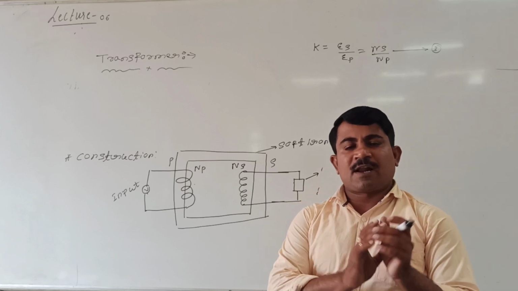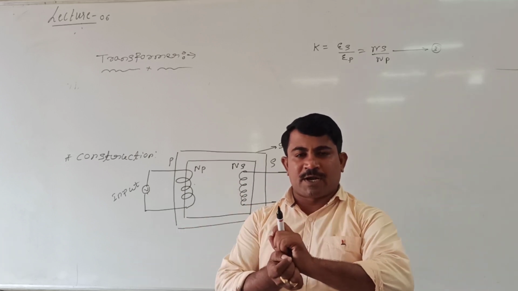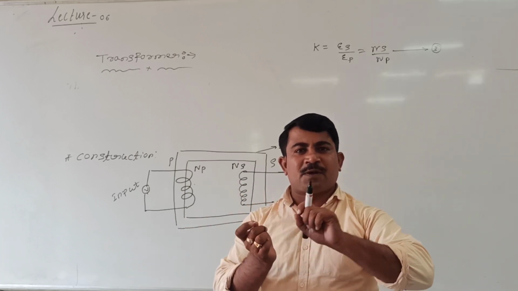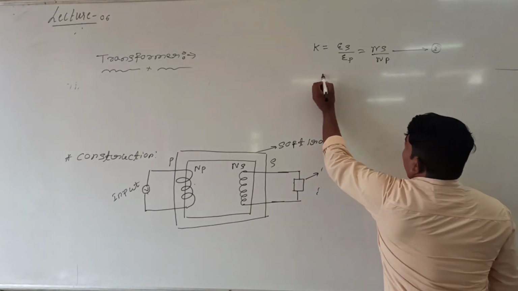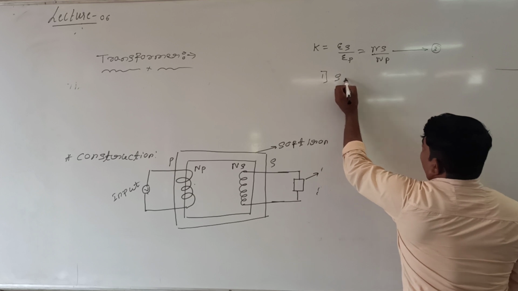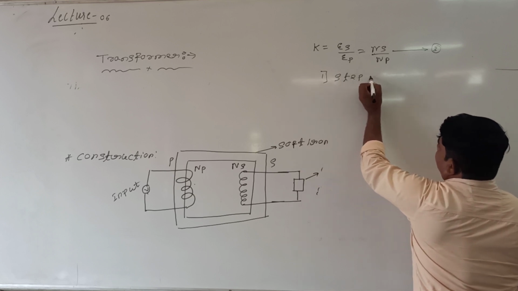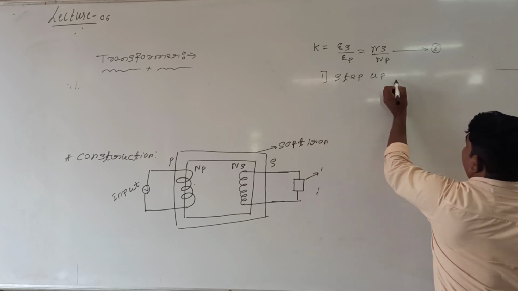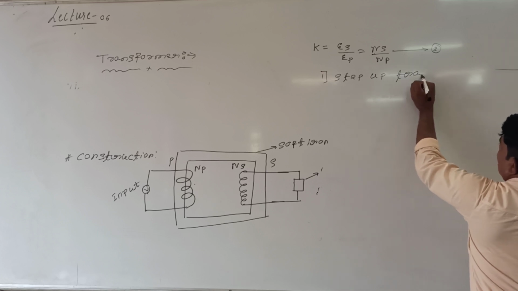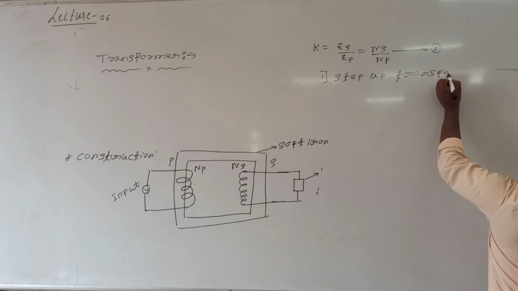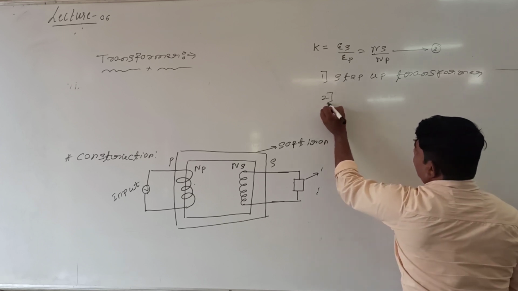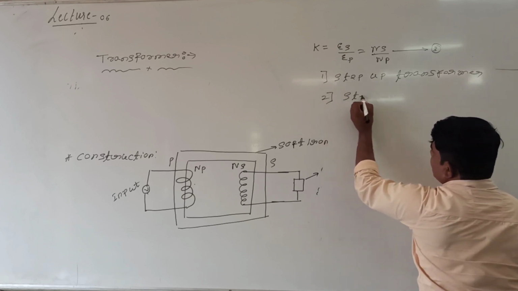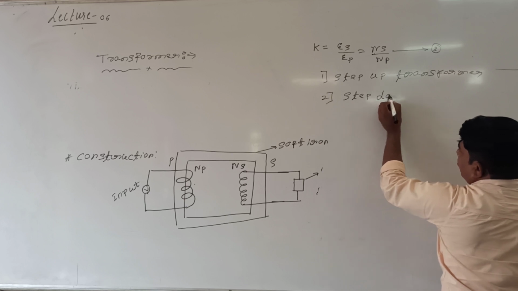We said that a transformer can be classified into two categories. One we are calling step up transformer, second one we are calling step down transformer. See here. Two types of transformers are available: step up transformer and step down transformer.